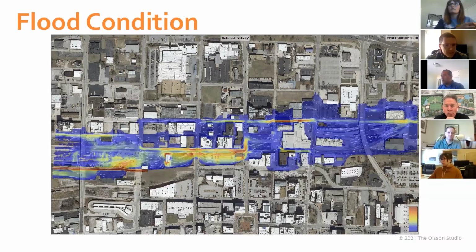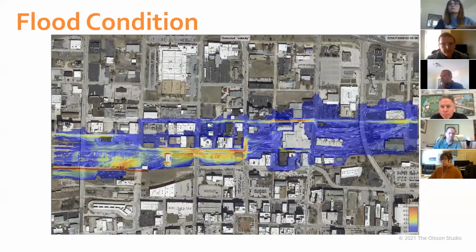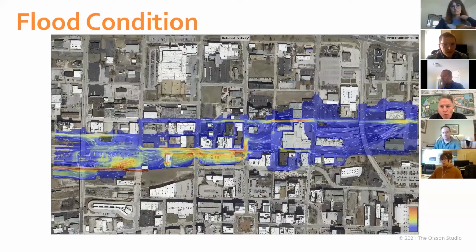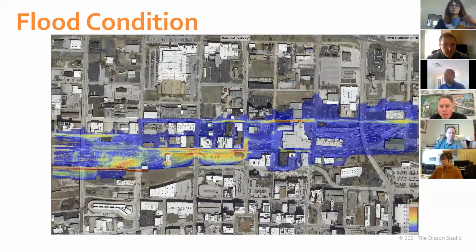And as I said, you can see in the channel there west of Main in the bottom left where it's dark red, those are the worst conditions. In the existing condition where it's shallower throughout the city, in this 100-year flood condition that's shown, you can see there are other places where velocities speed up as it's confined in constrictions between buildings and in parking lot and street areas where it's mostly pavement. Next slide, please.